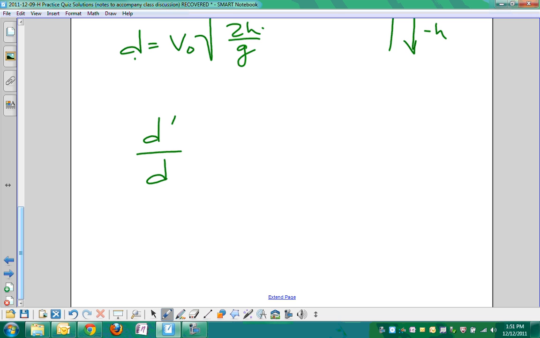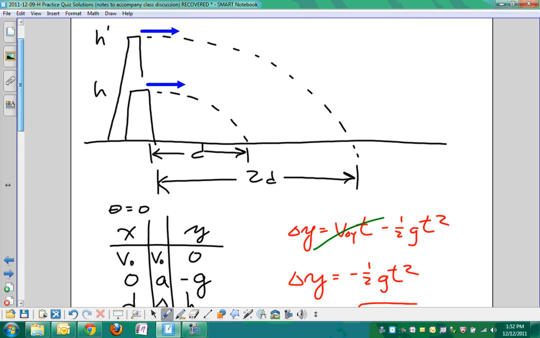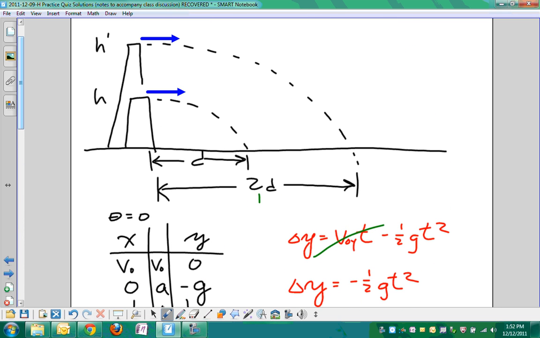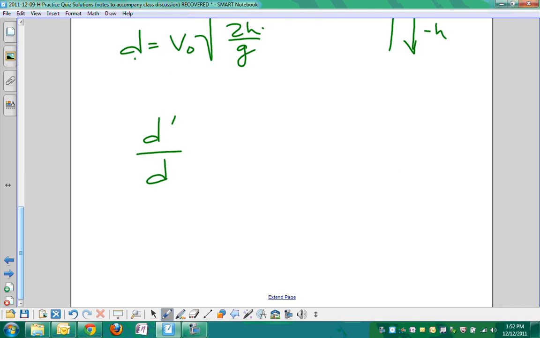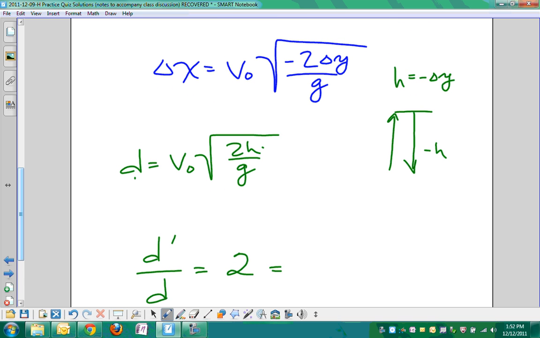Go back to the figure, d prime is 2d. So d prime over d is just 2, right? We also know that d prime over d is equal to this expression using h prime over this expression using h.